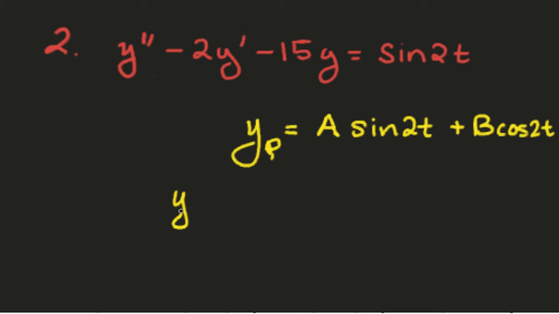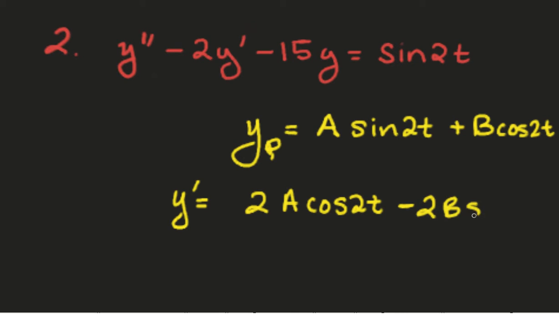So y prime is then going to be 2a cosine 2t plus, that's going to be a minus sign because the derivative of cosine is a minus sine, so minus 2b sine 2t.